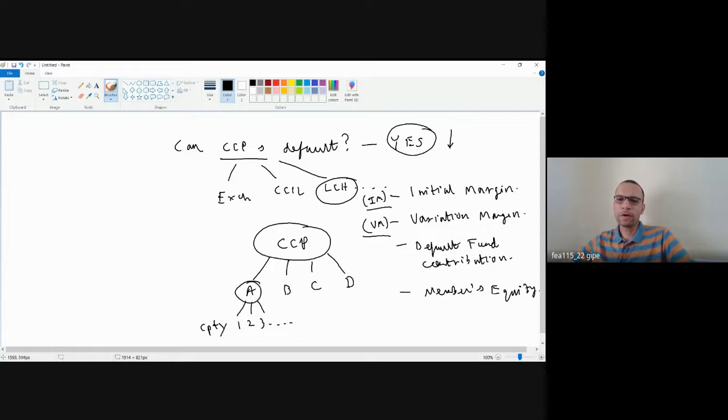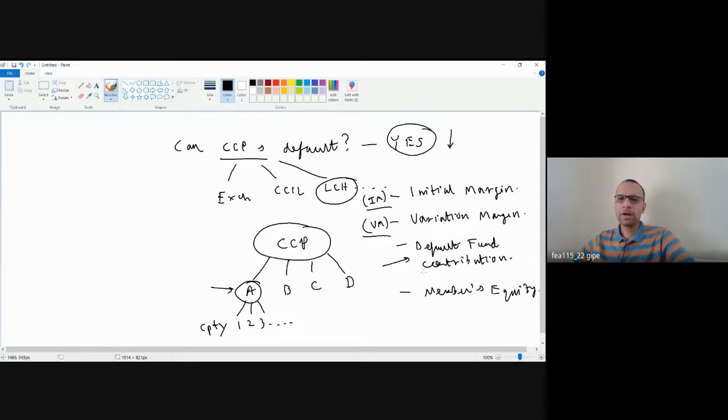Then there is a default fund contribution, something which every member has to do. So members A, B, C, and D have to make a default fund contribution to a CCP. In addition, members are also required to purchase equity, so they become the equity holders within the CCP.